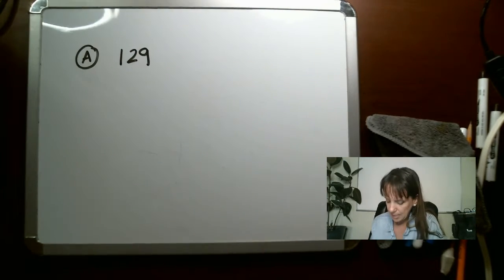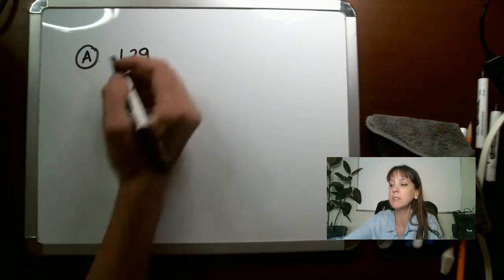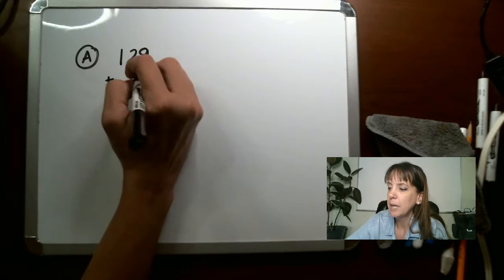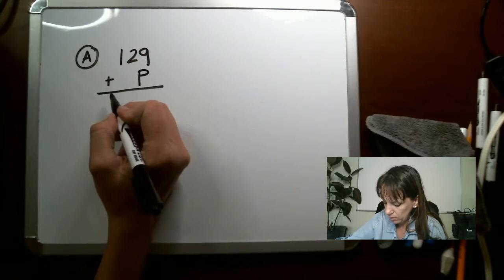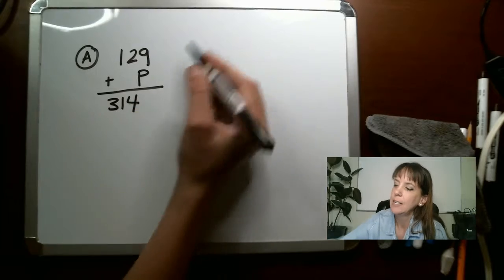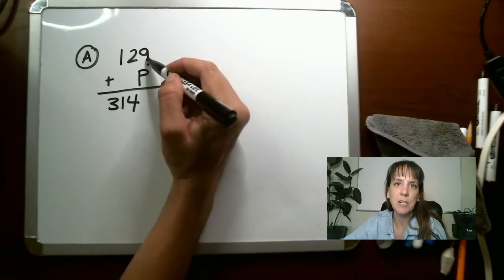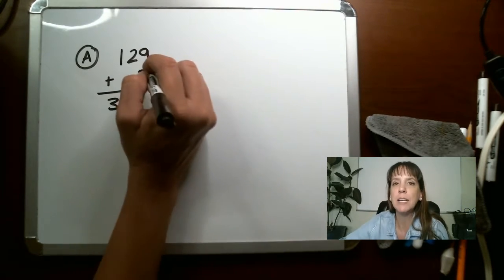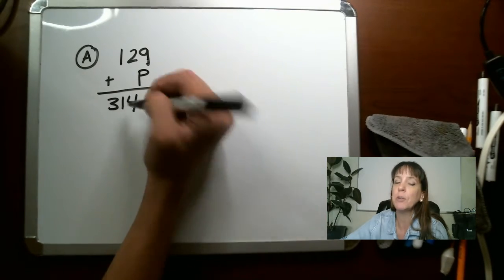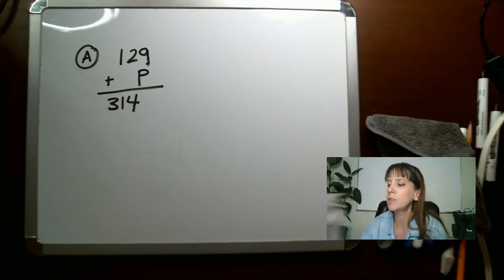All right, so he had 129 pages. Then he read some more pages for a total of 314. So he had 129 pages that he read, some more, for a total of 314 pages.